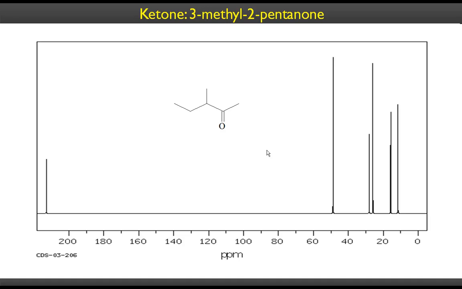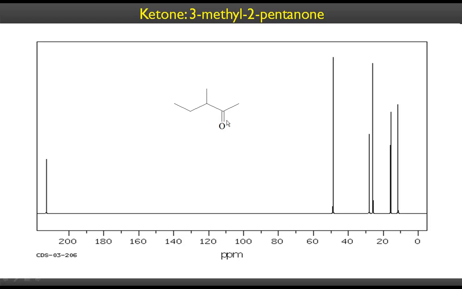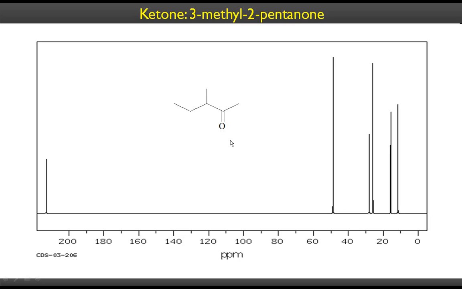Anyhow, the ketones are much more downfield, deshielded, right? Because of substitutions as well as the sp2 carbon and the electronegativity of the carbon, compared to that of aldehydes.